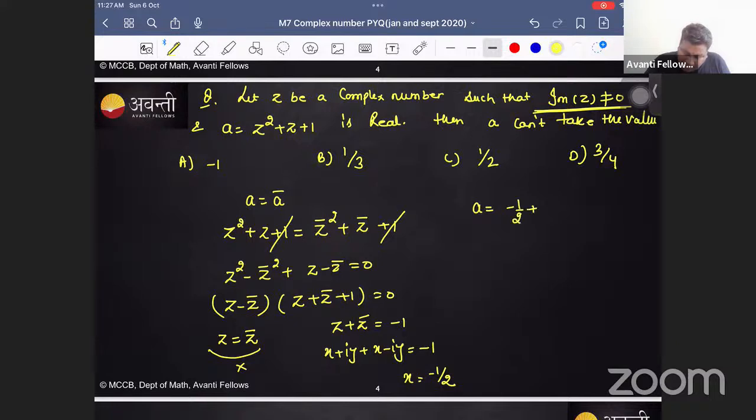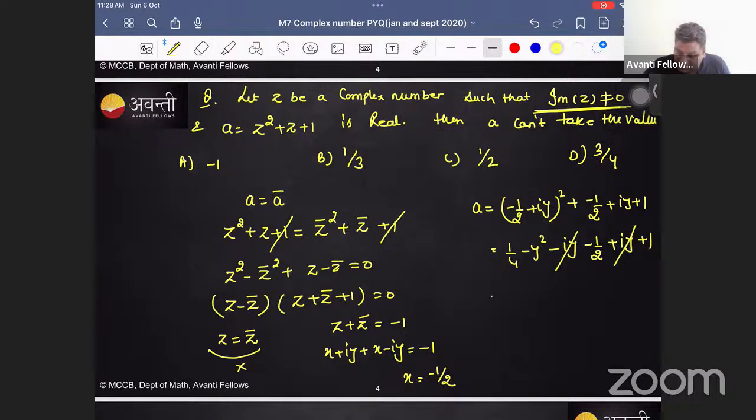Minus 1 by 2 plus iota y whole square minus 1 by 2 plus iota y plus 1. So it is 1 by 4 minus y square minus iota y minus 1 by 2 plus iota y plus 1. This iota y cancels. So it is 1 minus 1 by 4. It will be 3 by 4 minus y square.